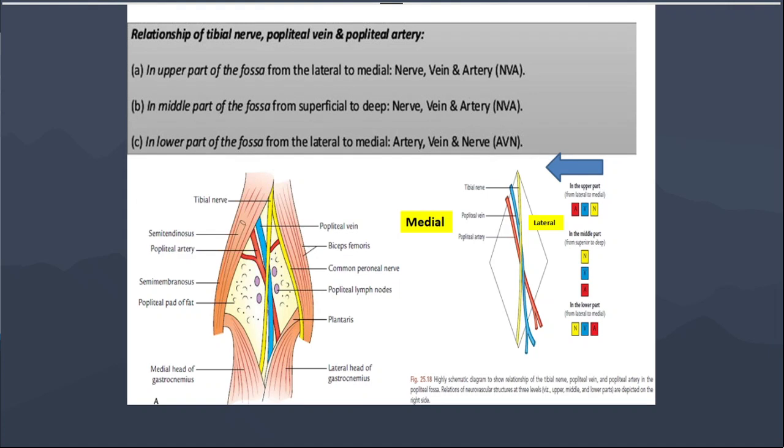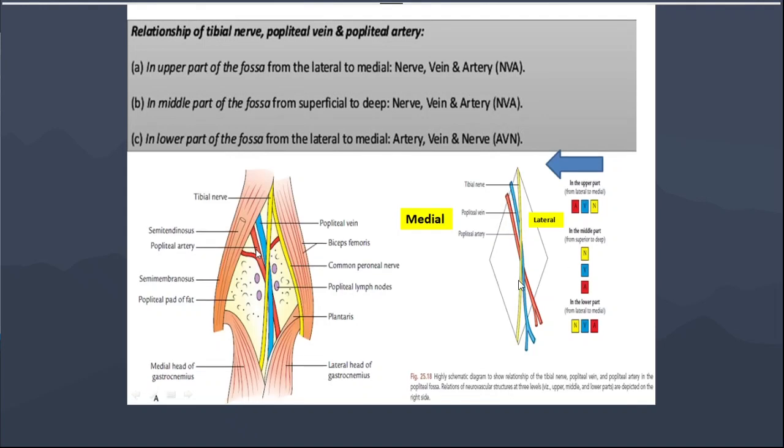Now coming to the artery, nerve, then vein in this popliteal fossa. As you know, in the femoral triangle there was the femoral artery, okay, the same femoral artery. In the popliteal fossa, from the superior angle, this femoral artery continues as the popliteal artery, and then the popliteal artery gives branches.